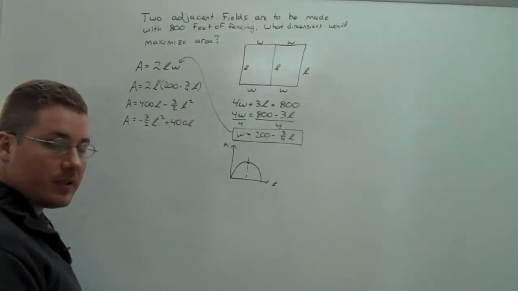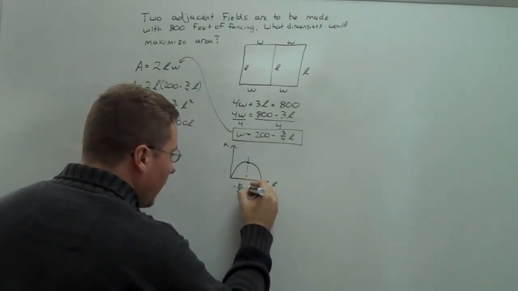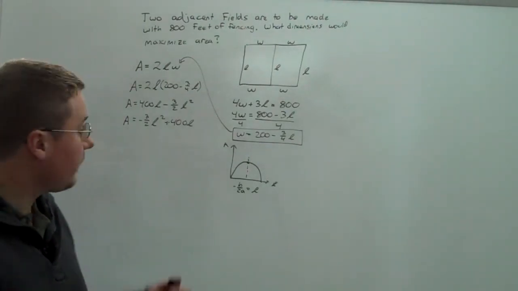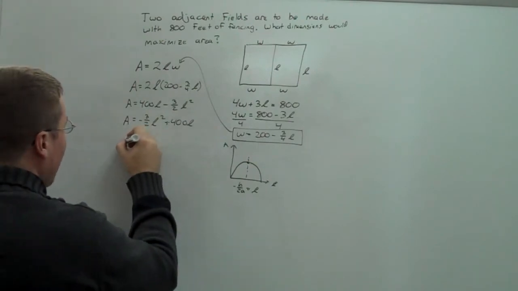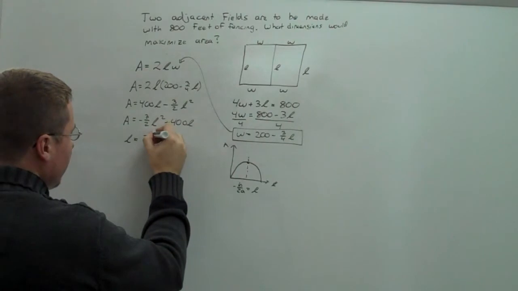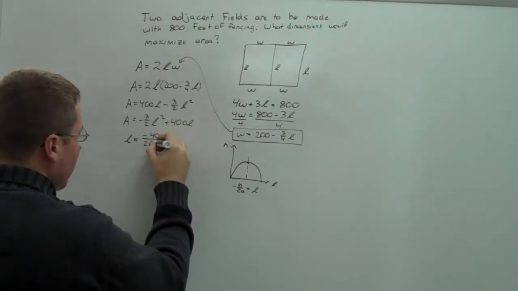Now the x-coordinate of the vertex is negative b over 2a, and that's the L. The b and the a come from the standard equation of a parabola. So my optimum length is going to be at negative b, so negative 400, all over 2 times negative 3/2.